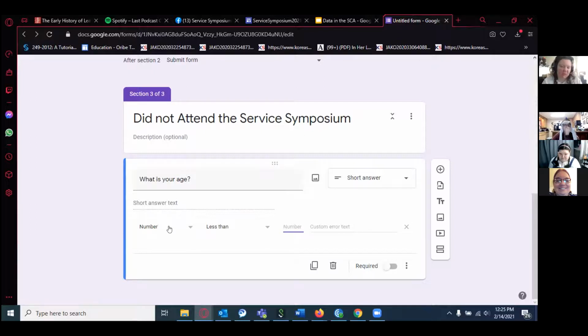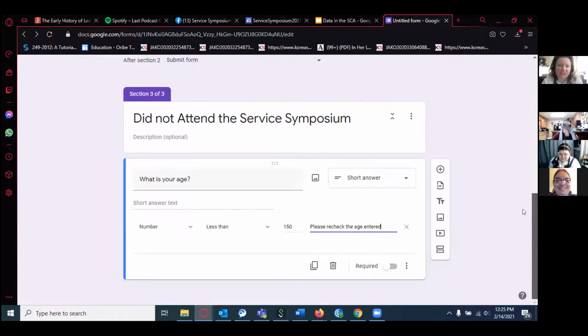So we're going to make it so that the number has to be less than 150. And you can even do a custom error text when this pops up. If they put in 175, you can have it say, please recheck the age entered.